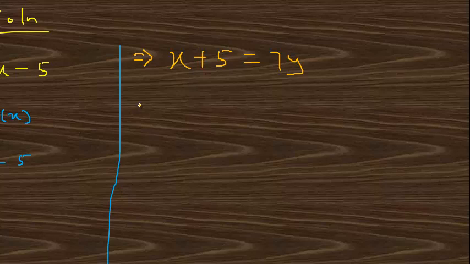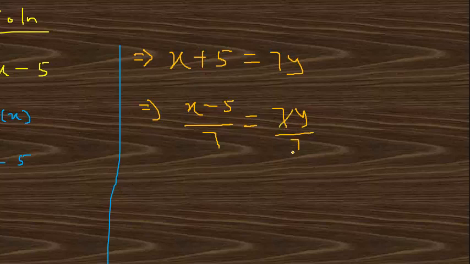The last thing is to divide both sides by the coefficient of y, which is 7. So x plus 5 over 7, and 7y over 7, and this 7 will cancel. So therefore y equals x minus 5 over 7.